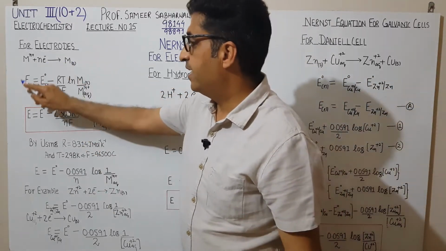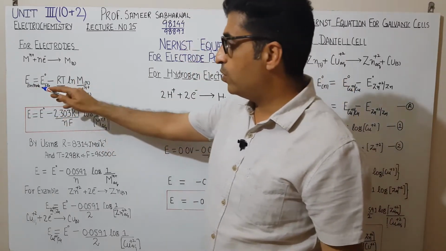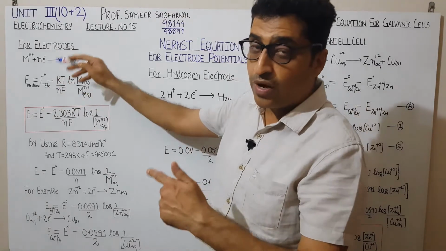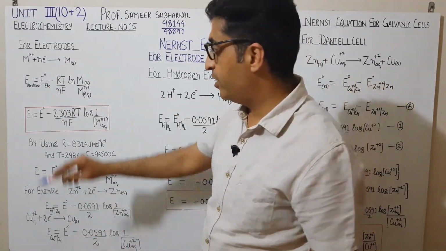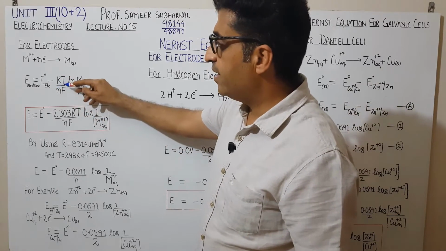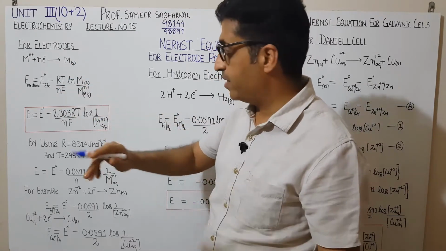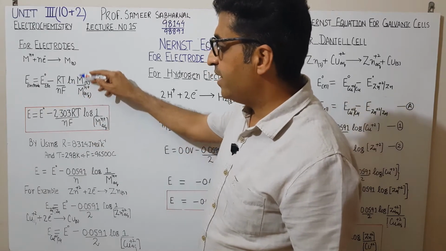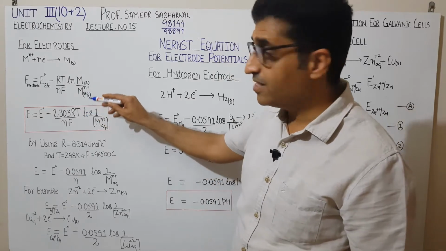See this, E electrode means potential of electrode at any concentration is equal to E naught, the standard value, which is measured at 298 Kelvin and 1 atmospheric pressure, minus RT by nF, and the very important term, log base e of M solid over Mn positive aqueous concentration, that is its molar concentration.